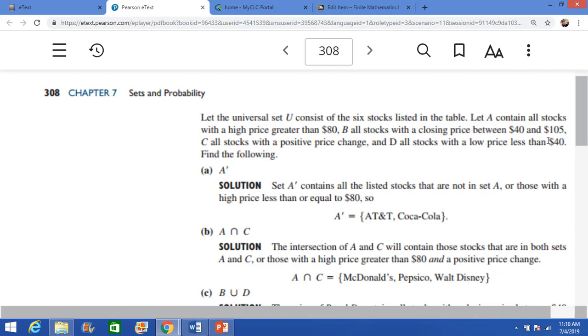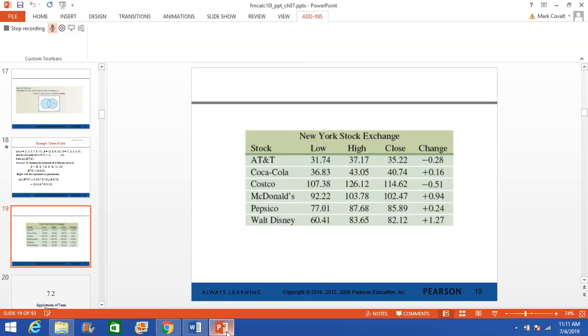So we want closing price between 40 and 105 or low price of less than 40. Now this is a union, so it's going to be one or the other or both. Okay, so we're looking at closing prices and low prices.